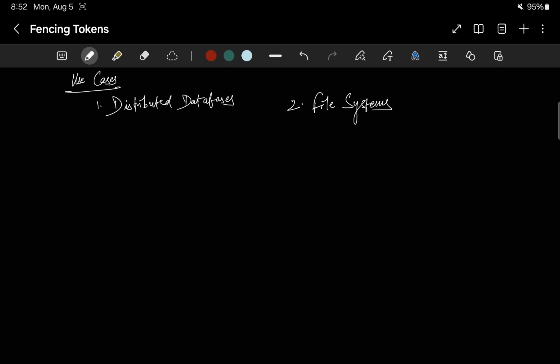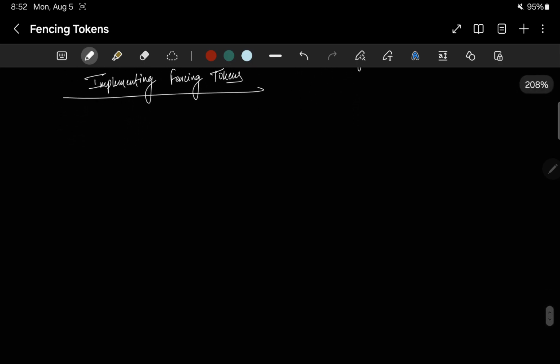Okay, now let's talk about implementing fencing tokens. So the first step in implementing fencing tokens is token generation, because if we have to use a token, we need to generate it first.